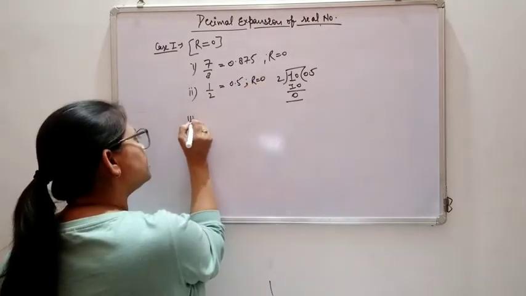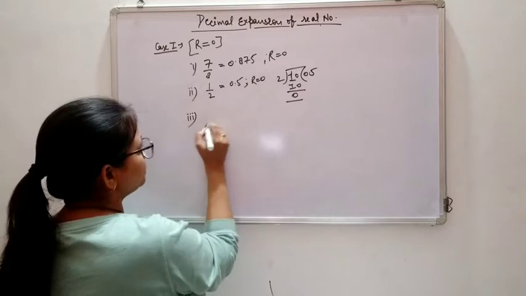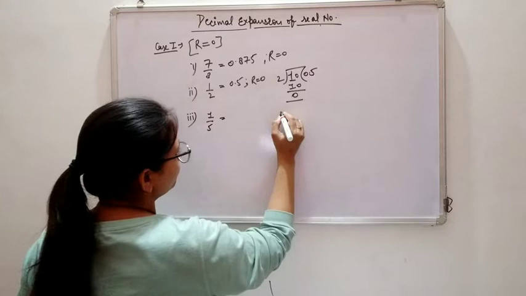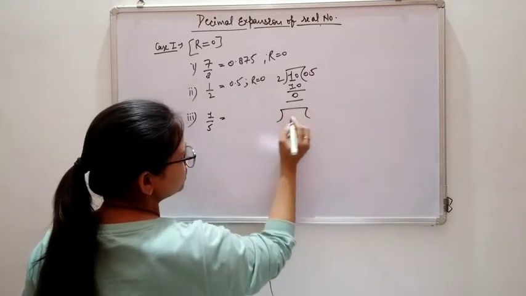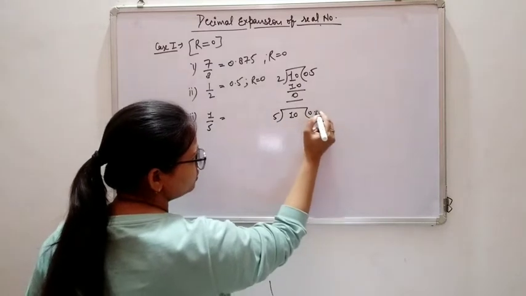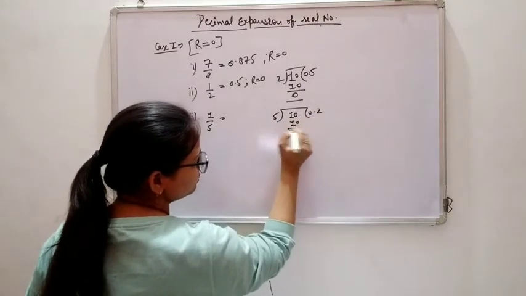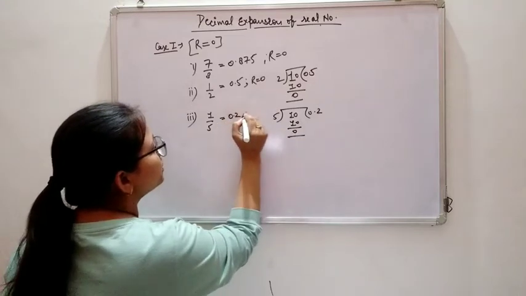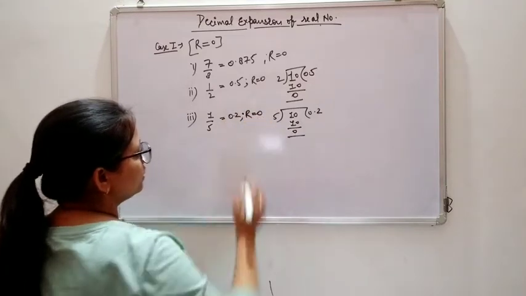Now let's take another example like 1 upon 5. What is the decimal expansion of this? 0.2, and the remainder is 0. Clear?